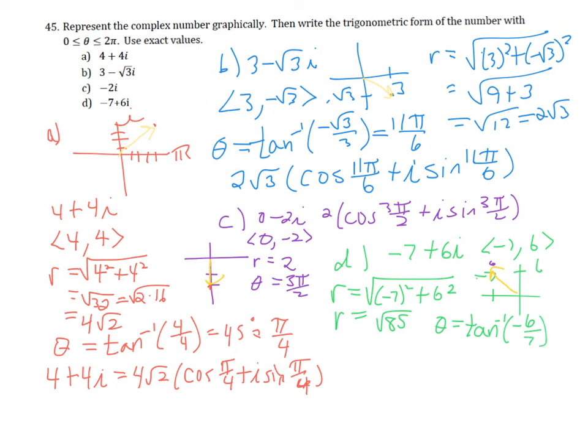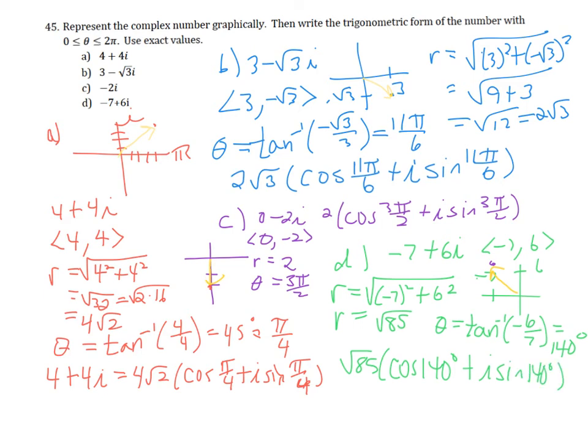And that is not something we know from the unit circle, so you would have to enter that into a calculator, and that's 140 degrees. So in polar representation of that complex number, it would be square root of 85 times the cosine of 140 plus i times the sine of 140.